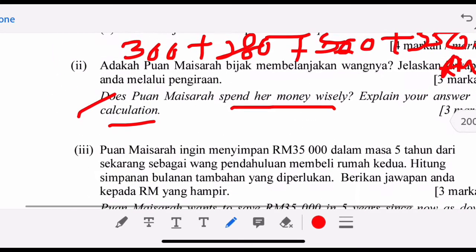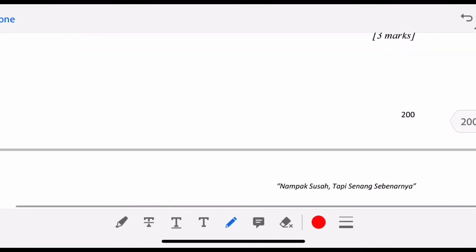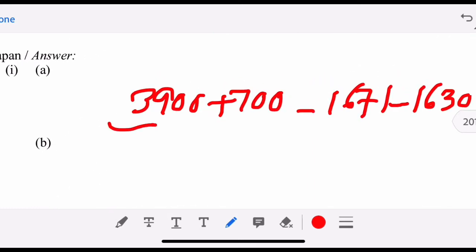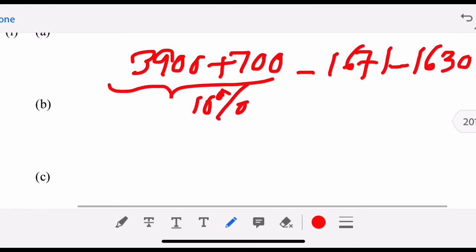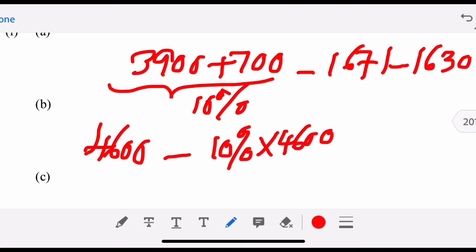Puan Maisara saves 10% of the total monthly income. Total monthly income, which is active income, 10%. So this 10% have to minus out. Okay, it's 4,600 minus out 10% times the 4,600 minus out 1671 minus out 1630.